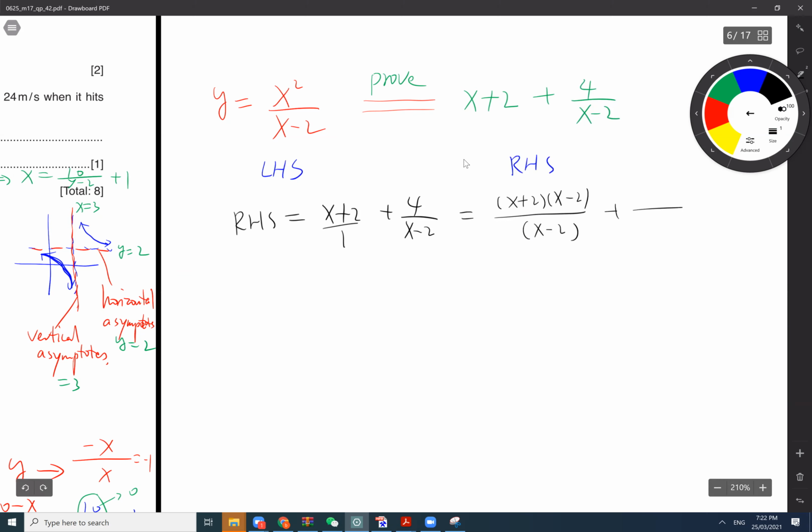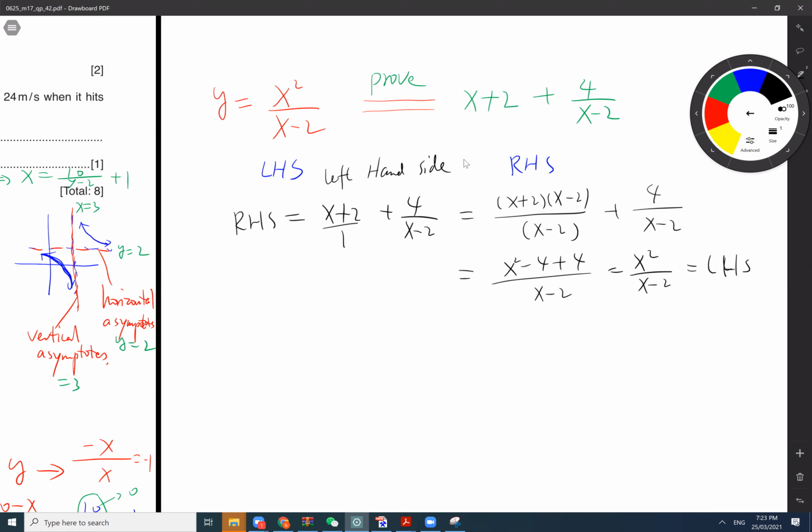I use something called the common denominator. Guys, expand and simplify. Which is the left-hand side. We finished the proof.